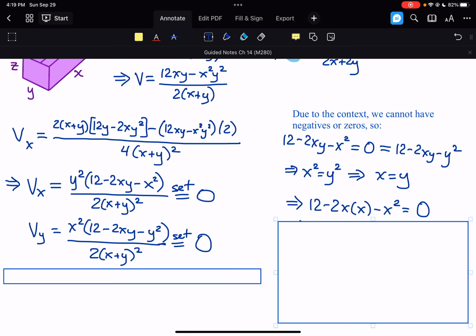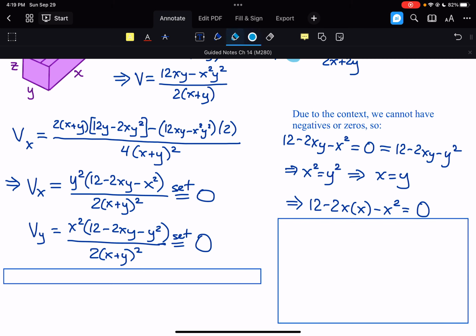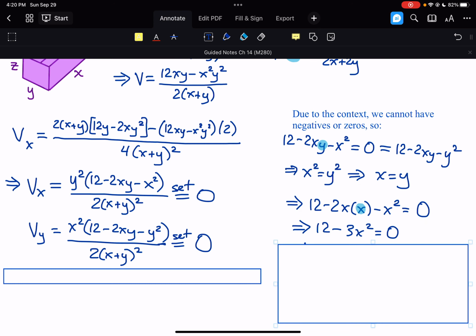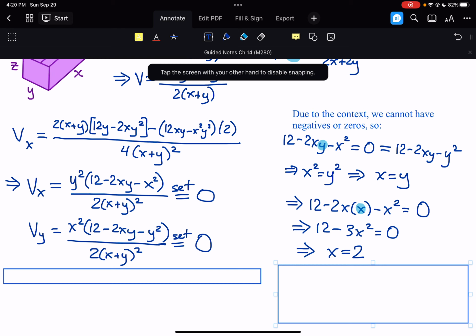So we go ahead and substitute back in. So I took x equals y, subbed in to here. That gave us this, which gave us x equals 2. So we got x equals 2, and since x and y are equal, that means y equals 2.